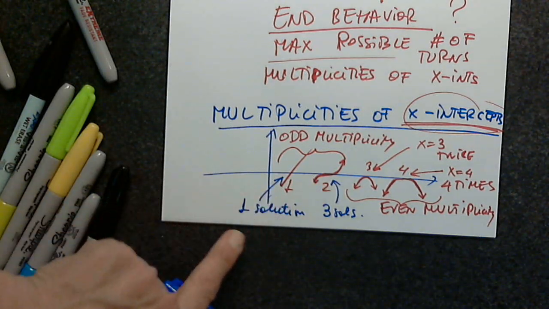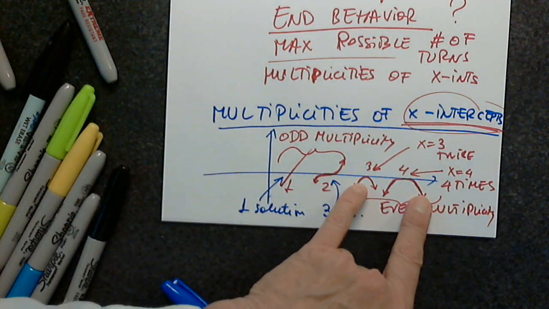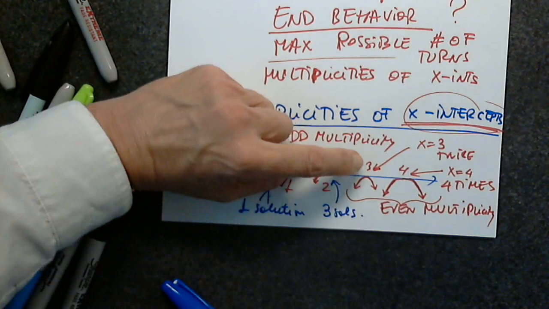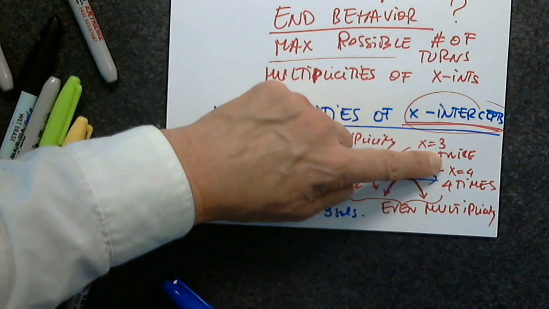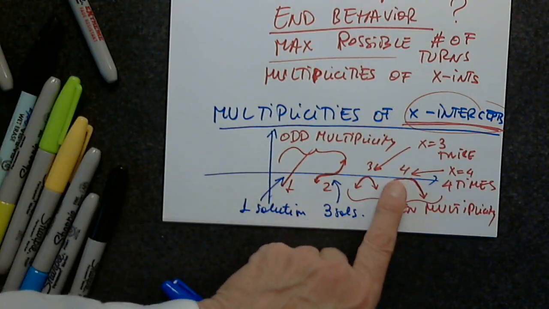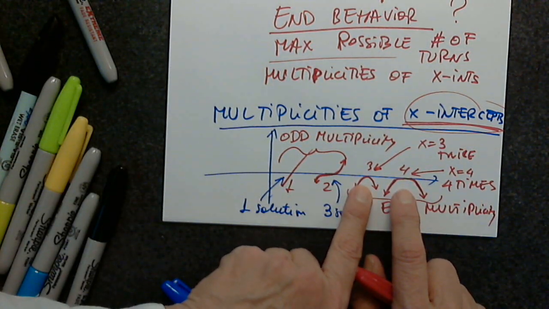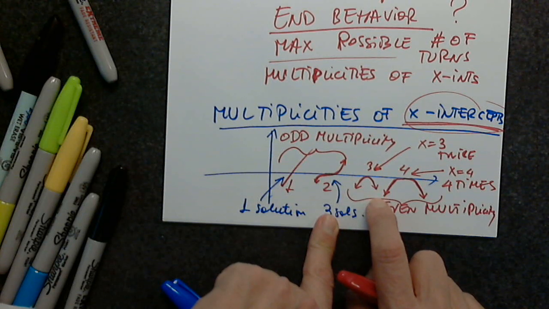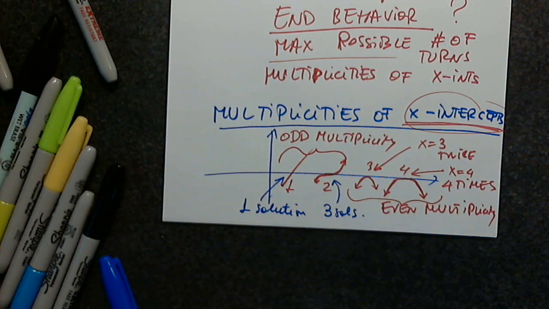So if this is 1, this is 3. These two are even multiplicities, which means x equals 3 will appear twice as a solution. And here, x equals 4 will appear 4 times, because see the difference between these two? Quick turn, slow turn.